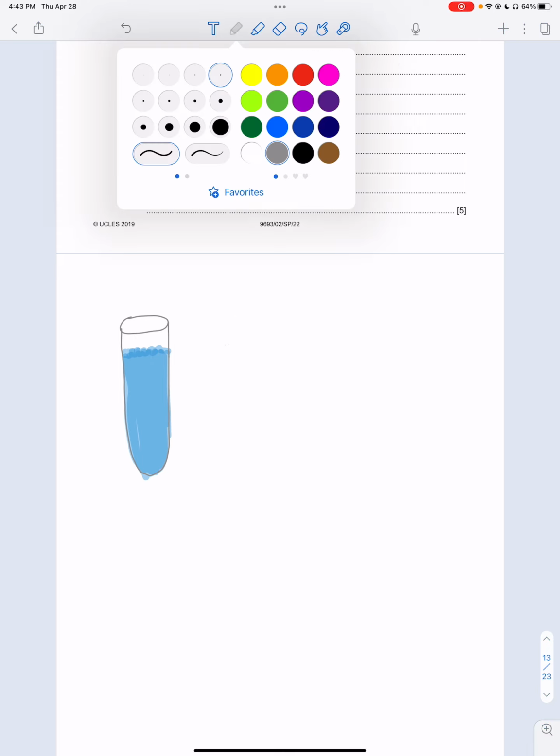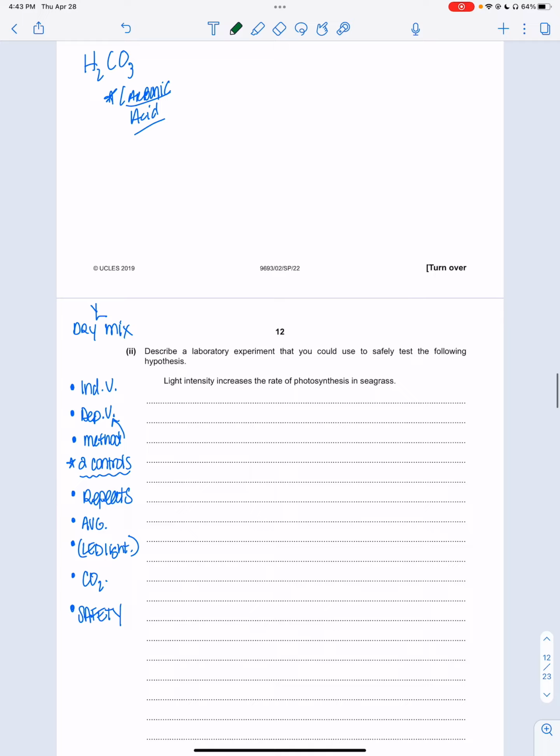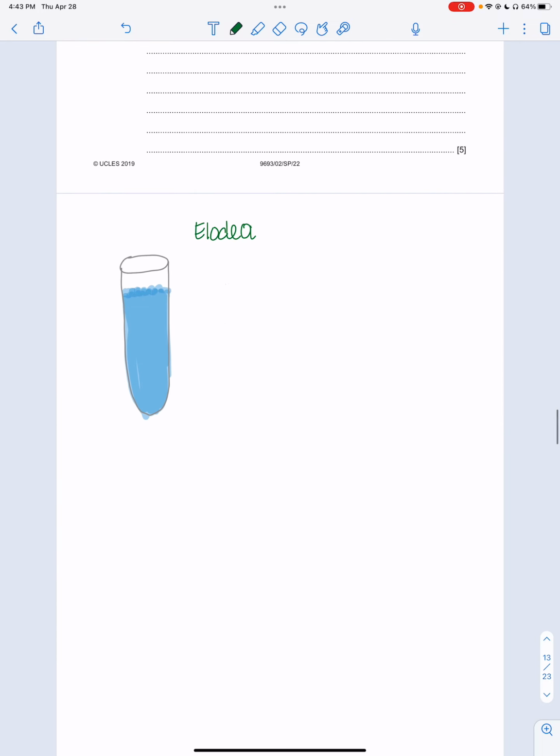Okay, and inside of it, we're going to put a piece of a common one called Elodea. It's like pondweed. However, they say seagrass. Seagrass. Okay. So yes. All right. So you could take a strand of seagrass and they have a root structure.